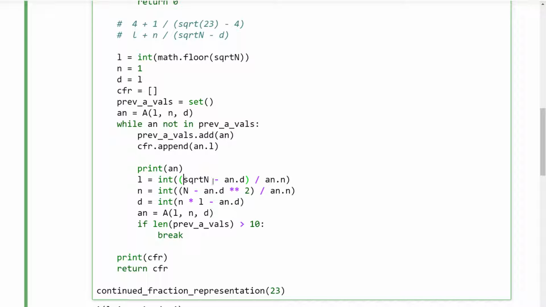Okay, here I mean that we just change the initial value. The initial value of what? Yeah, it's int of square root of n. Yeah, that one. You mean this? Yeah. It's same as L.